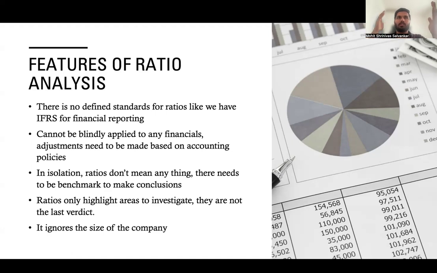Because if accounting policies are very different, then the ratios will not be comparable. A basic example: if one is based on accrual basis and one is based on cash basis, and you take ratios of both and compare, the decision you make out of it will be kind of nonsense, useless.